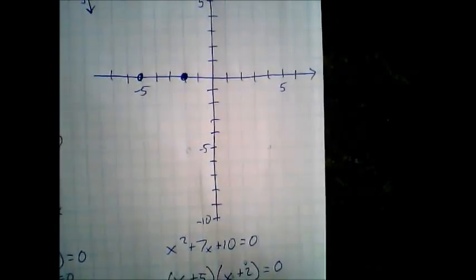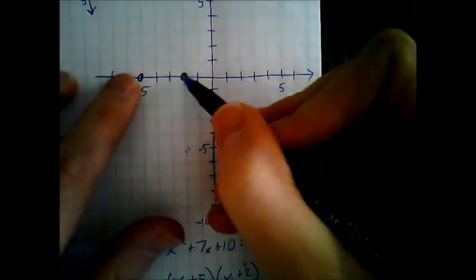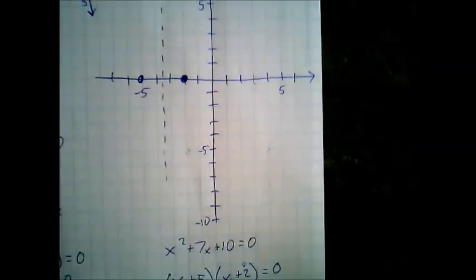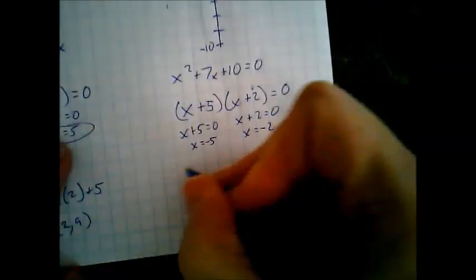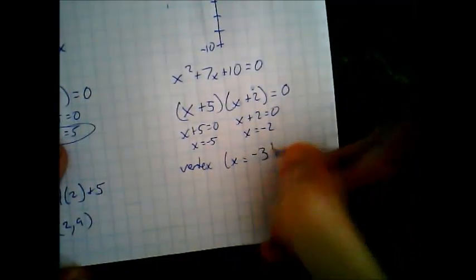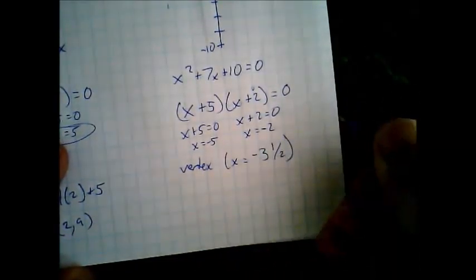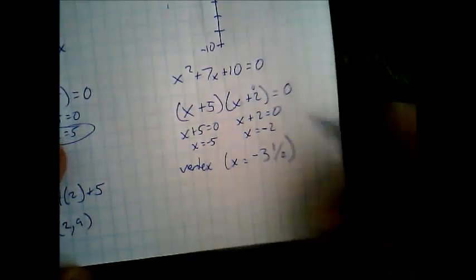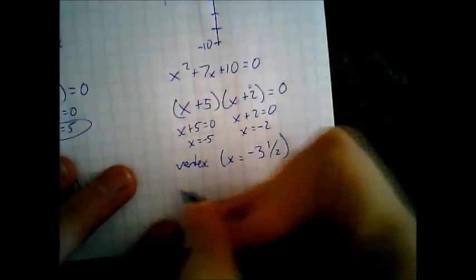Okay, now we need the vertex. Now the vertex is halfway in between. We're in 8th grade. We understand that fractions are numbers too, and halfway in between these 2 points is simply negative 3.5. So our vertex is when x equals negative 3.5. So we substitute this into our rule, just like we would with the number.